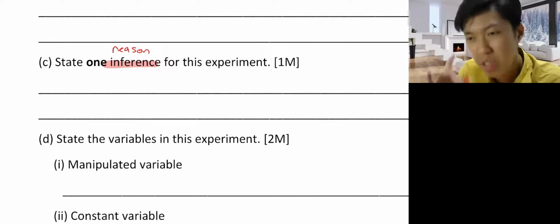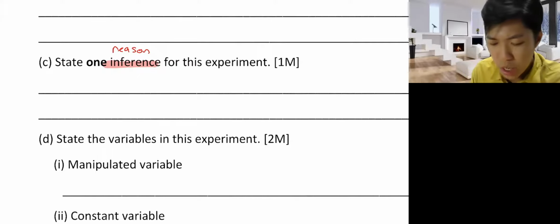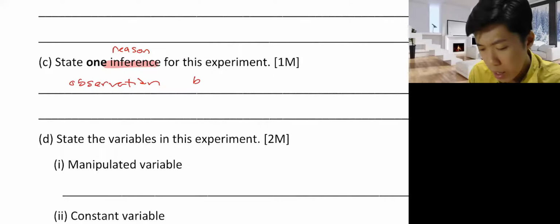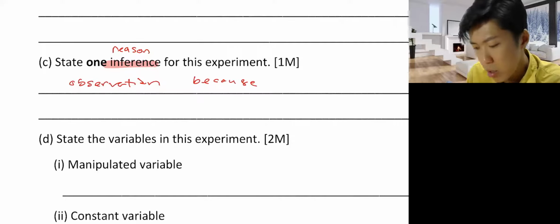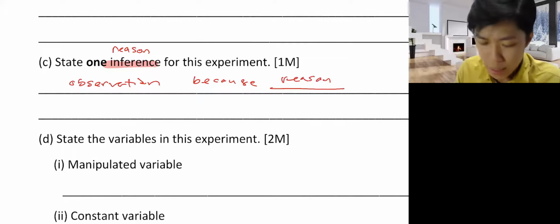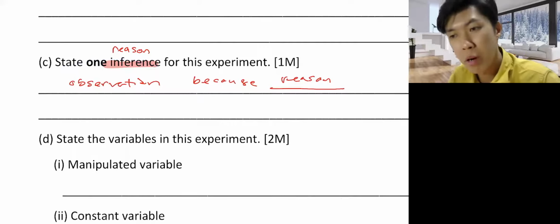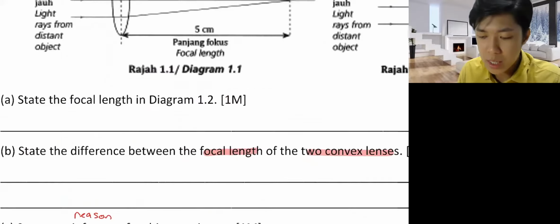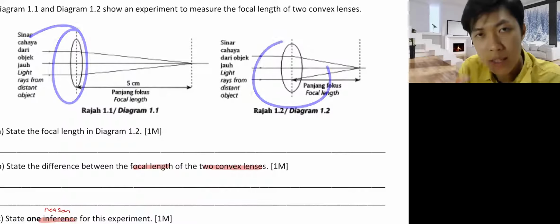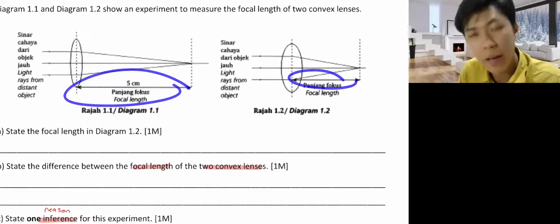For the inference format, just for everyone's information, you must write an observation, then the reason, with 'because'. So we should do the observation first, then only we say the reason. Your observation is we have different thickness, then we have different focal length.